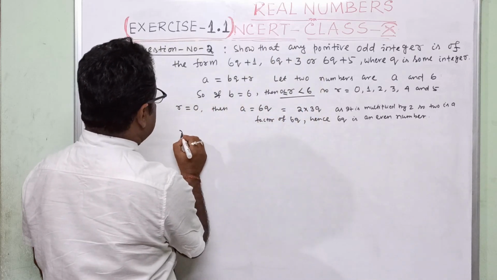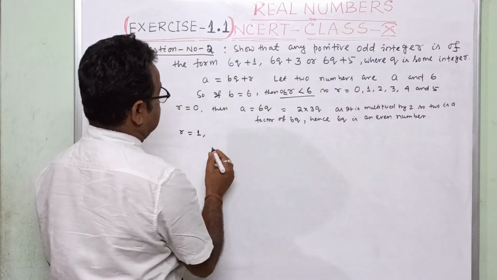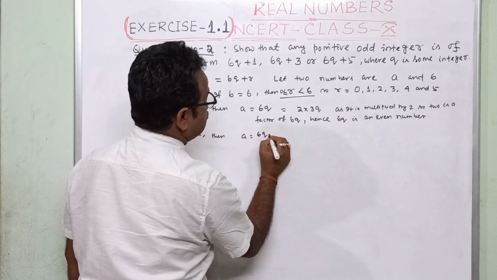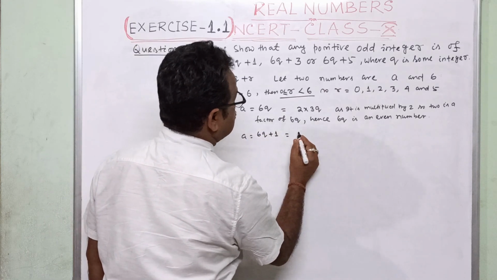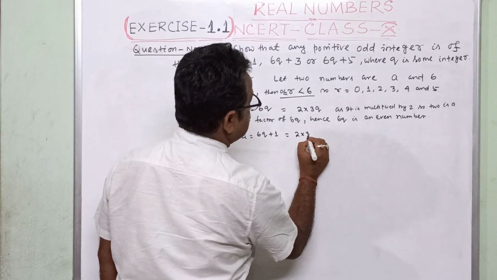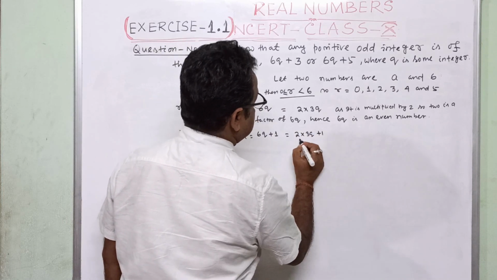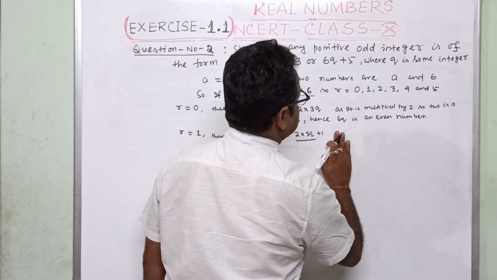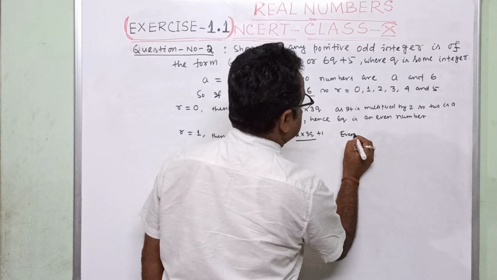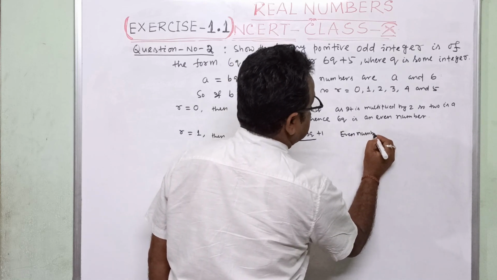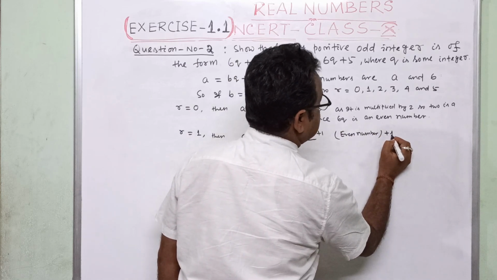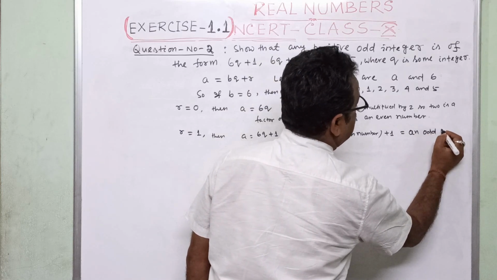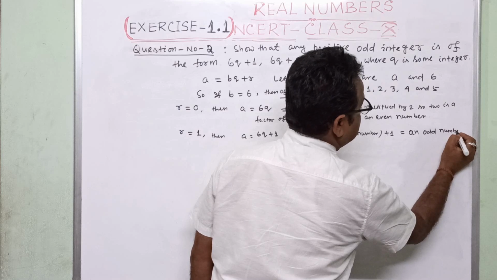Now when r = 1, then a = 6q + 1 = 2 × 3q + 1. 2 × 3q is an even number, and an even number plus 1 will be an odd number.